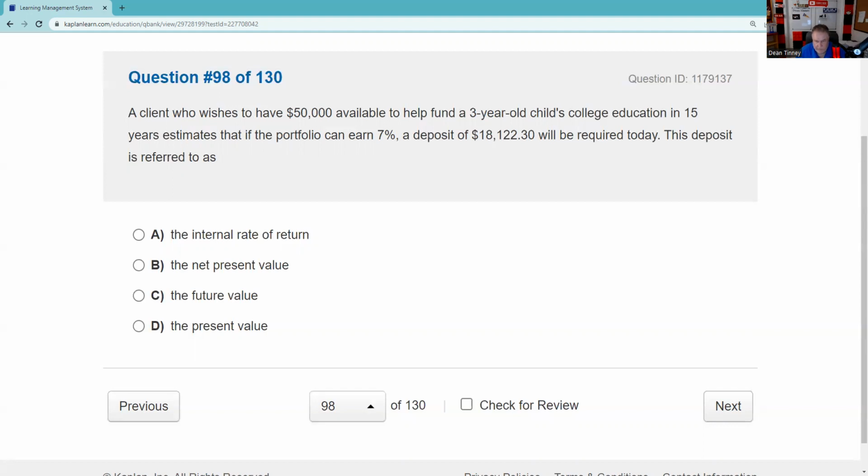So the deposit is referred to. So the future value is $50,000. That's the future value. The $18,000 today is the present value. And the 7% is the return that will take the present value of $18,122.30 to the future value of $50,000.